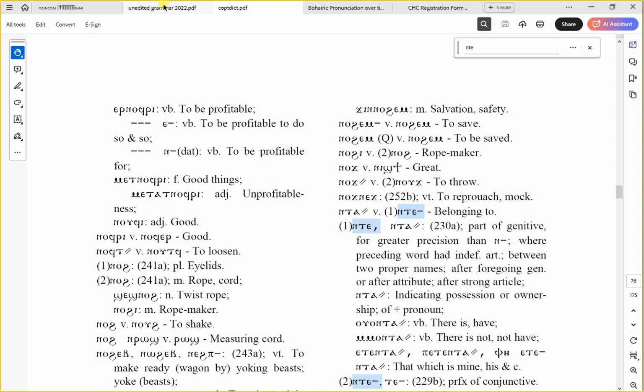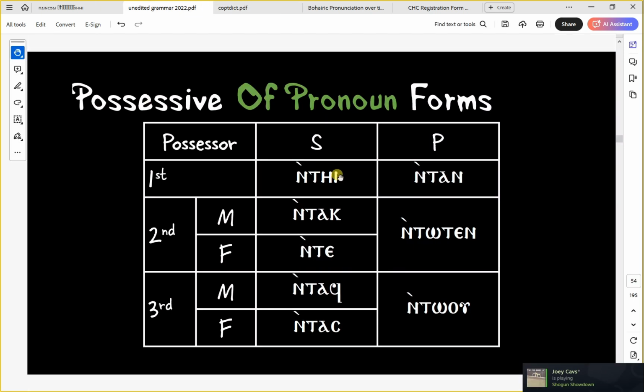That's what the two dashes means. Is put a pronoun here. So nt is of mine, entok is of yours. Te means of yours to a girl. Entaf is of his, entas is of hers, enton is of ours, and toten is of you all, of yours, but plural, and then entou is theirs.